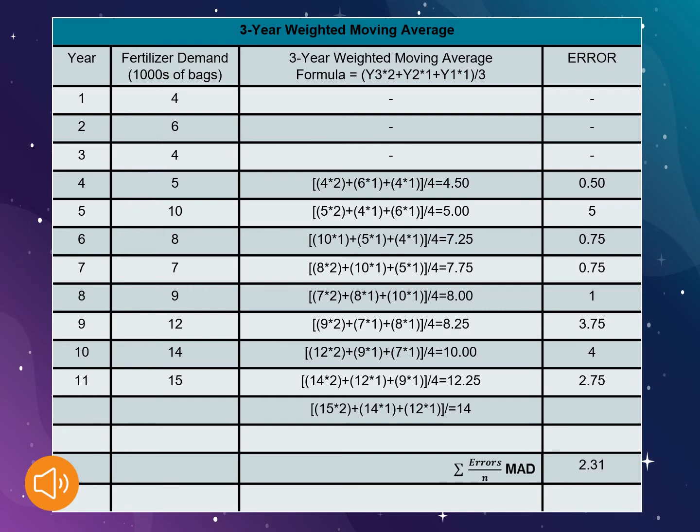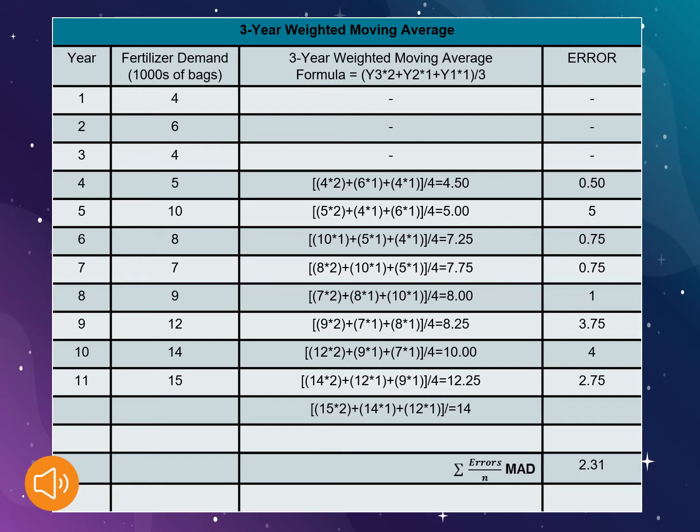So first we multiply them by their weights and then divide by the total weights. That is why we have 4 times 2 plus 6 times 1 plus 4 times 1, since year 3 has the biggest weight, which gives us a result of 4.5 or 4,500.